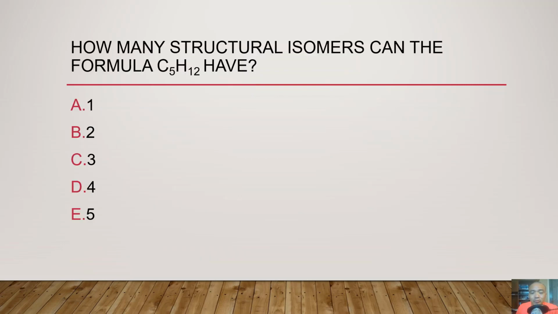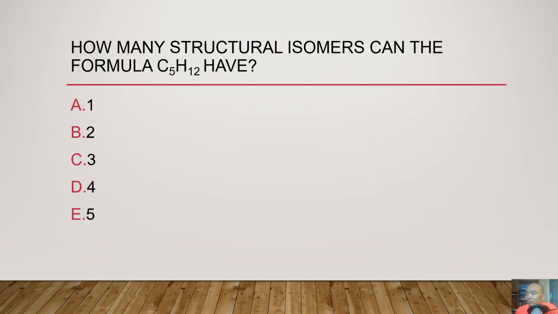Let's look at a few practice questions. First one, how many structural isomers can the formula C₅H₁₂ have? I strongly suggest when you try to write the structures of any formula, write the carbon skeleton without hydrogens to begin with. Then you can fill it up with enough hydrogens according to the tetravalency of carbon.